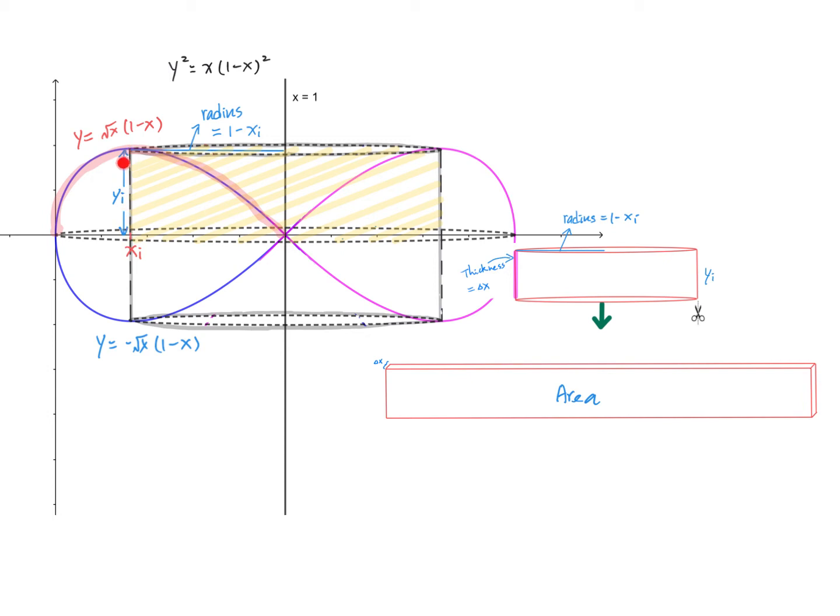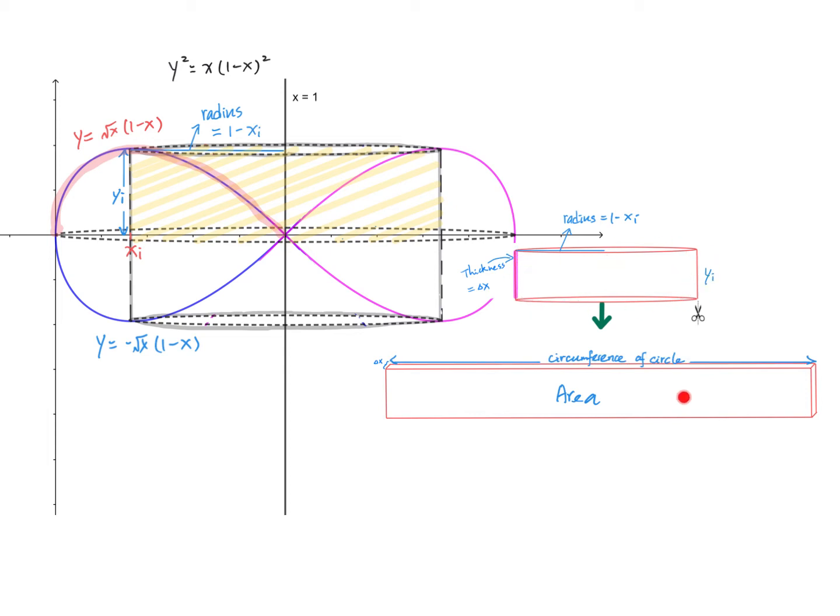Therefore, the height of this cylinder should equal the square root of xi times (1 - xi). The radius of the cylinder should be from xi all the way to 1, and therefore it should be 1 - xi. So we have all the dimensions of this hollow cylinder.